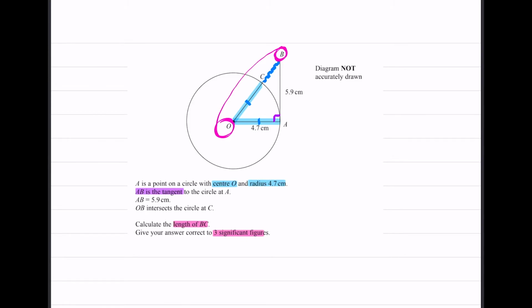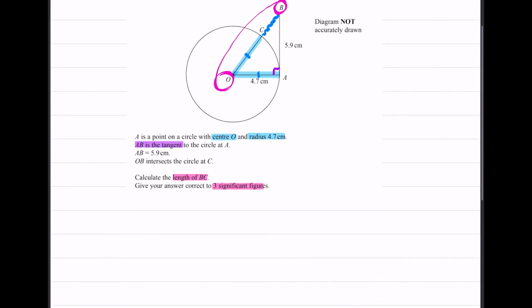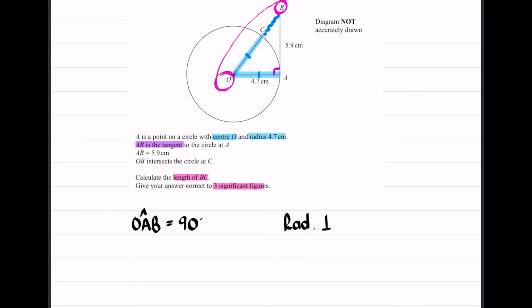All right, so we are going to start by stating that angle OAB is equal to 90 degrees. Why is OAB equal to 90 degrees? Because the radius is perpendicular to the tangent. Now that we've stated we have a right angle triangle, we can just do the calculation.